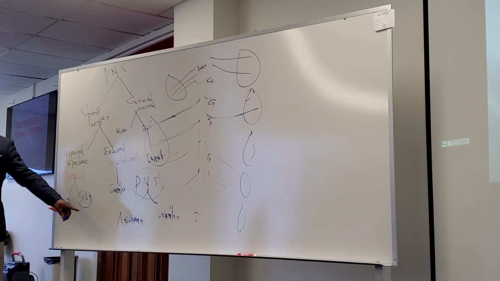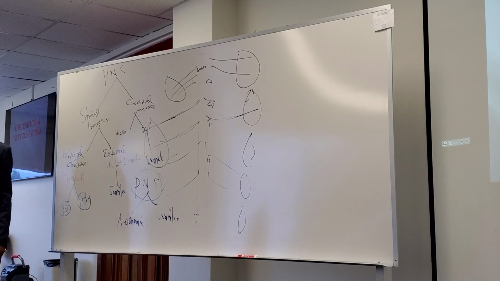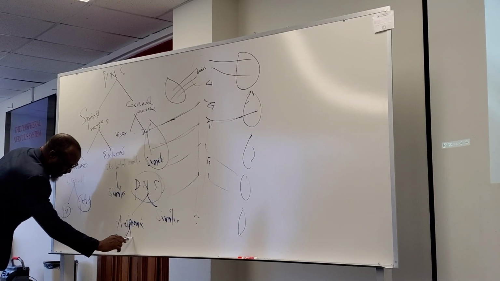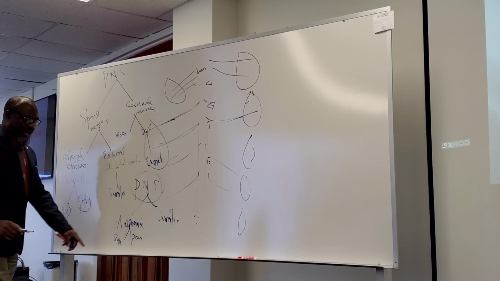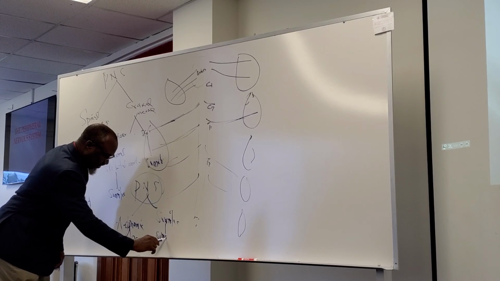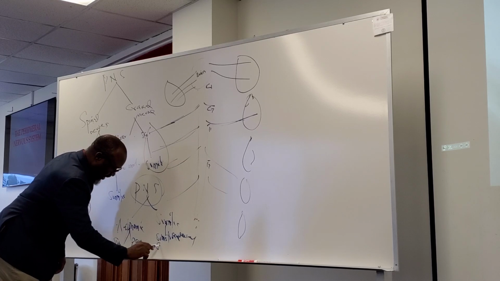We'll be looking at the autonomic nervous system and the somatic nervous system, whereby autonomic represents sympathetic and parasympathetic, and then skeletal muscle represents somatosensory and somatomotor.